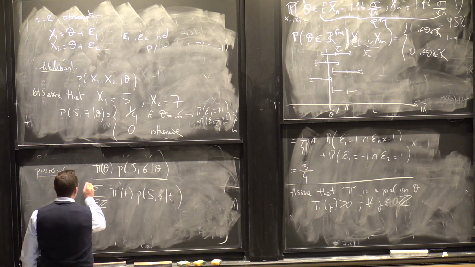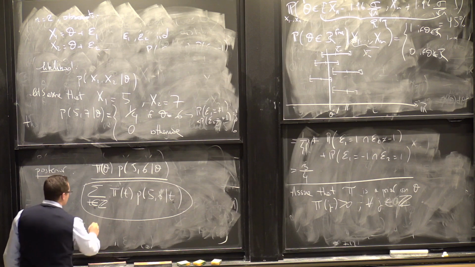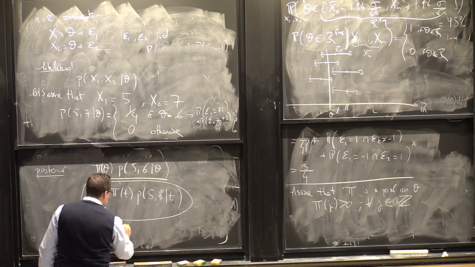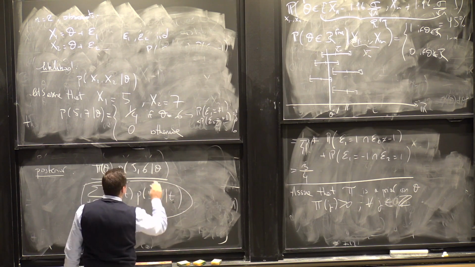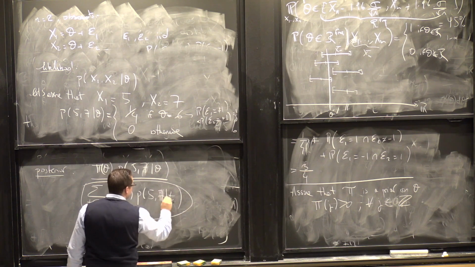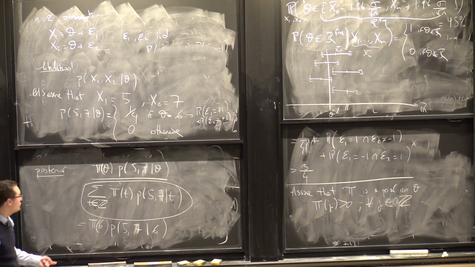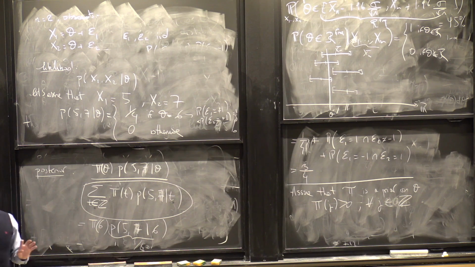So this entire sum here is actually equal to pi of 6 times p of 5, 7 given that theta is equal to 6, which we know is equal to 1/4. And I did not tell you what pi of 6 was. Right?